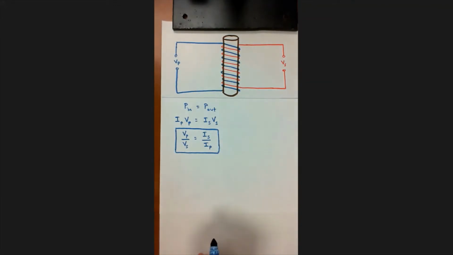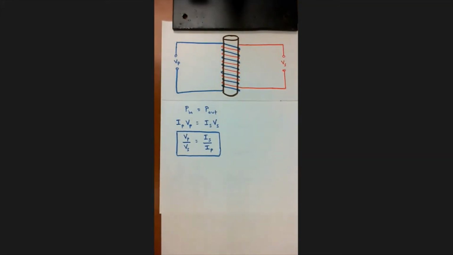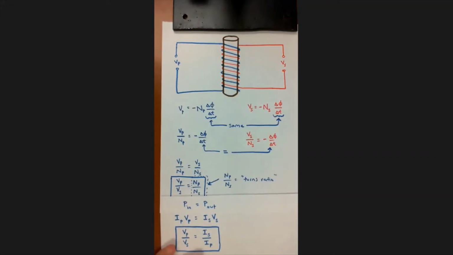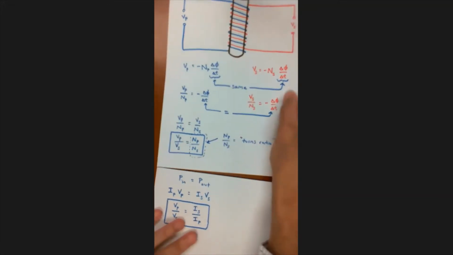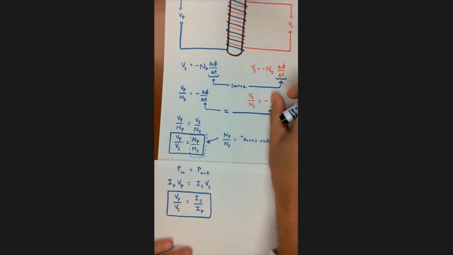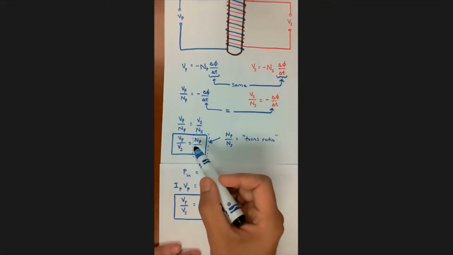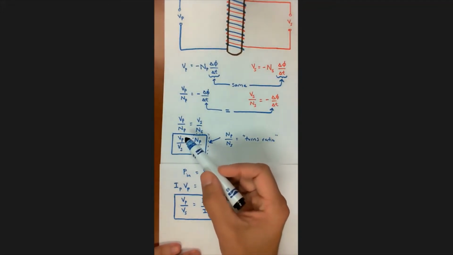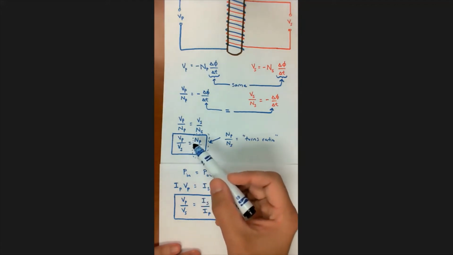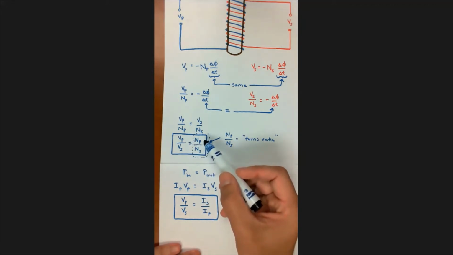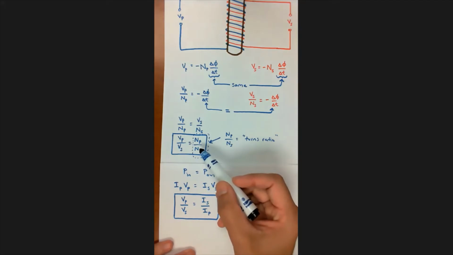Let me go ahead and rewrite this one final time. Those are all the equations, but let me write it again in a more concise manner. So here we have an equation: the ratio of primary voltage to secondary voltage is equal to the turns ratio, primary turns divided by secondary turns.